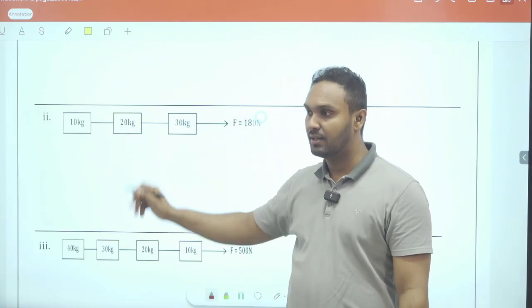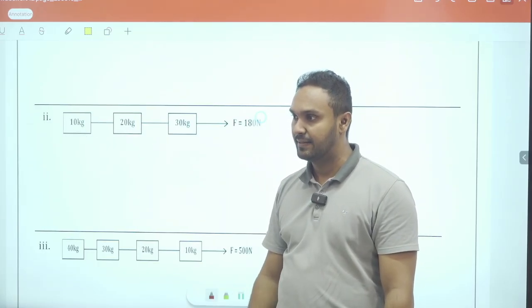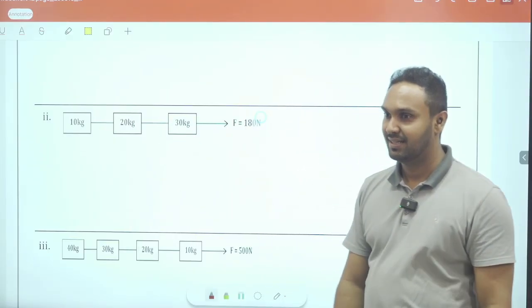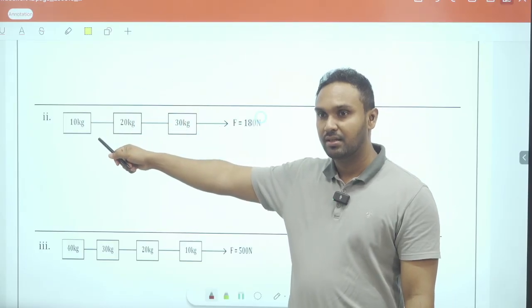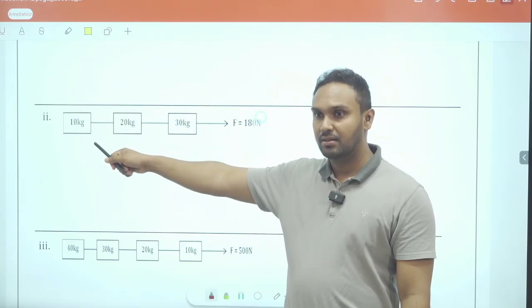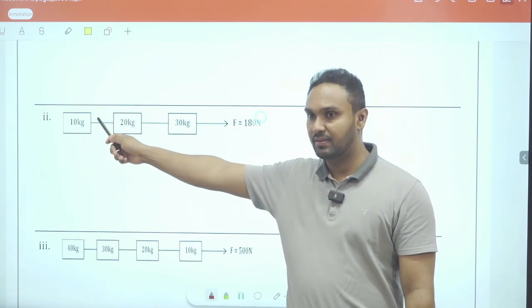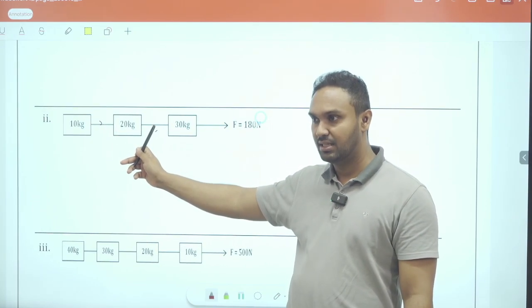And the second string? 60. Now the first one is 72. The second one? 10 kilogram, this one is 30. This one? 60. 90.